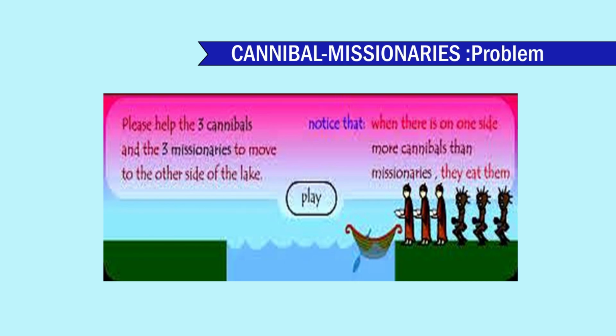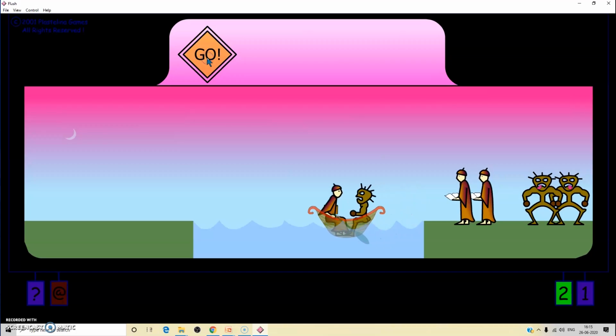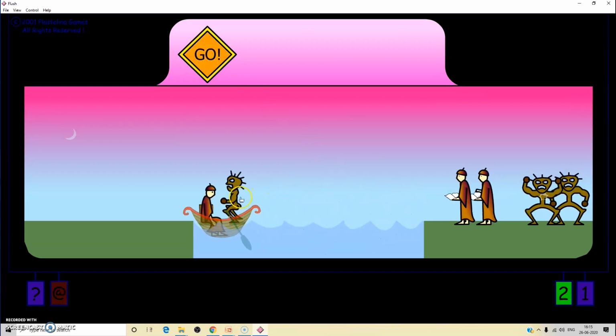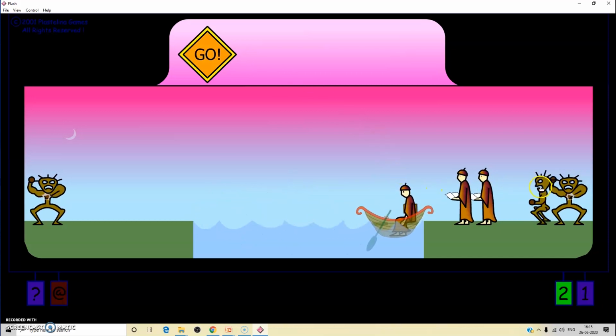So now you are supposed to solve this problem. There could be multiple solutions to it. I am trying one solution. So let's say the missionary goes, and this cannibal also goes into the boat, and now this cannibal is dropped out. The missionary goes back, and himself drops down.